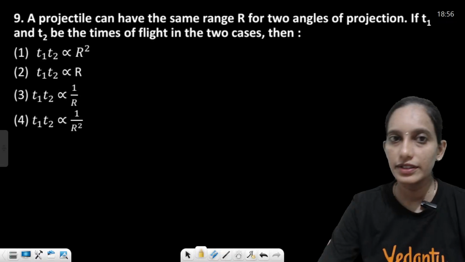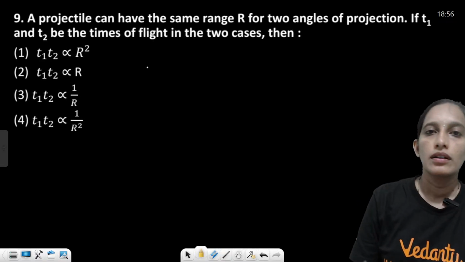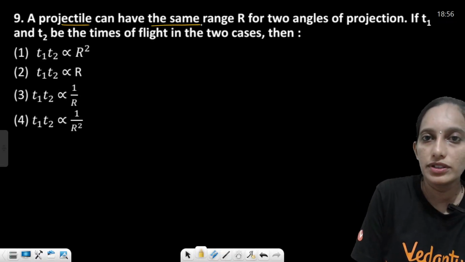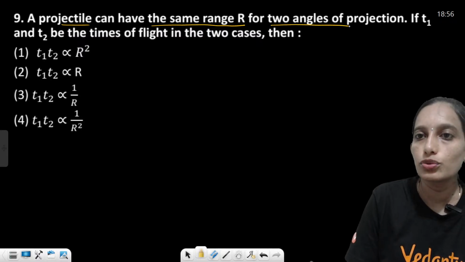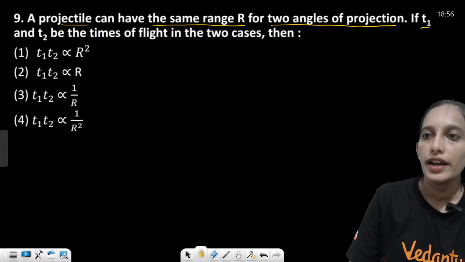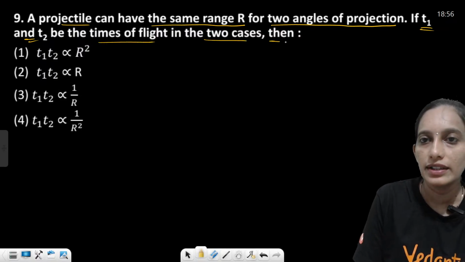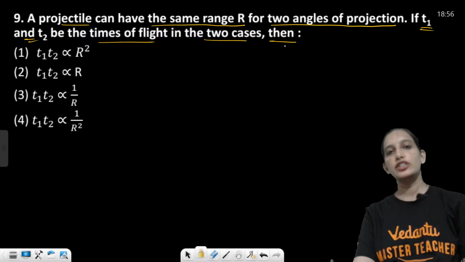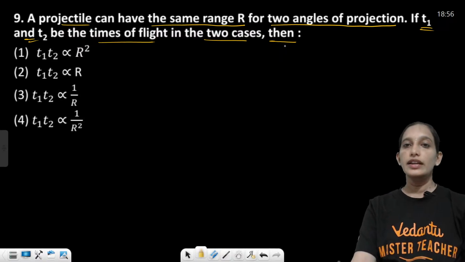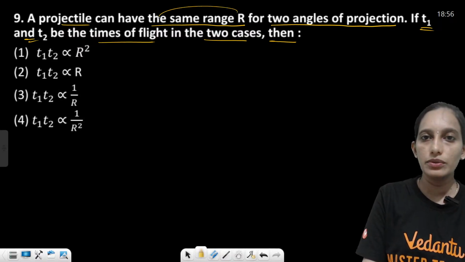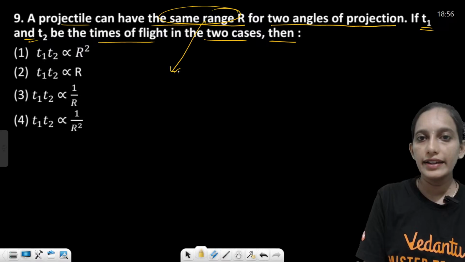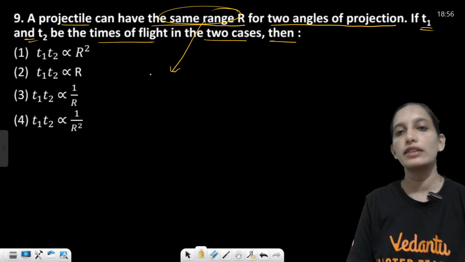Yes, here is the next question. A projectile can have the same range R for 2 angles of projection. If t1 and t2 be the times of flight in the 2 cases, then. So they have given two conditions. What is same range? For what angles of projection will the range of the projectile be the same?